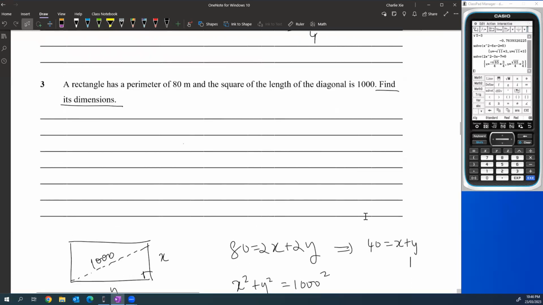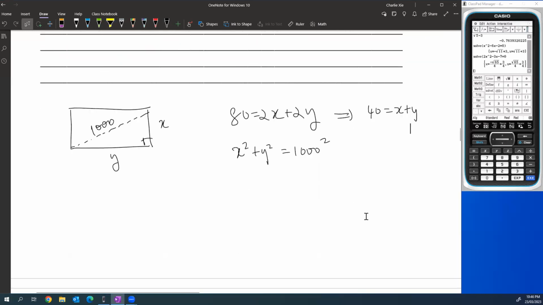One of the best ways to do these simultaneous equations might be using substitution. So 40 equals x plus y can be rearranged as y equals 40 minus x.